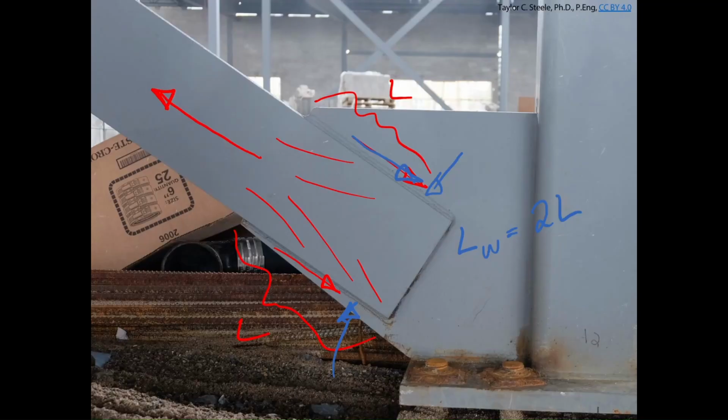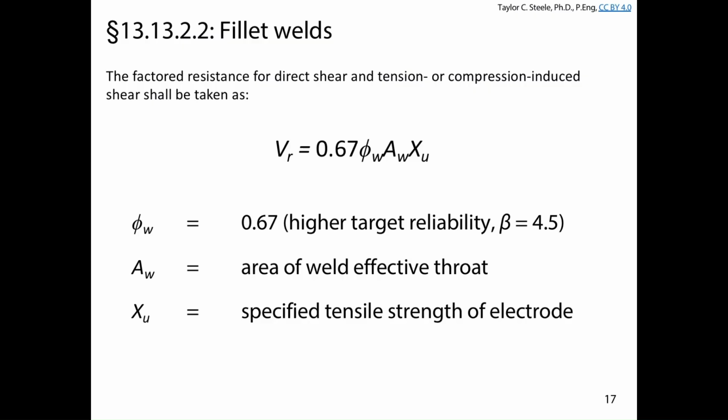Okay, so for these welds in shear, we take the area that we just talked about, multiply that by the strength of welds in shear, and again, we have to remember here that these Xu values are always based on the specified tensile strength. Right, so that's the ultimate tensile strength, and to convert that to shear, we normally multiply by 0.6.